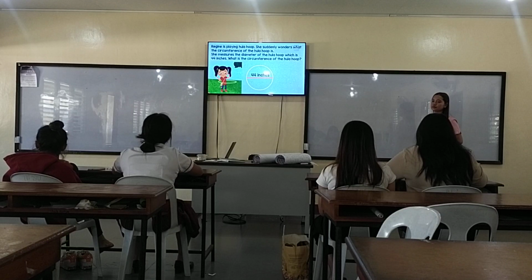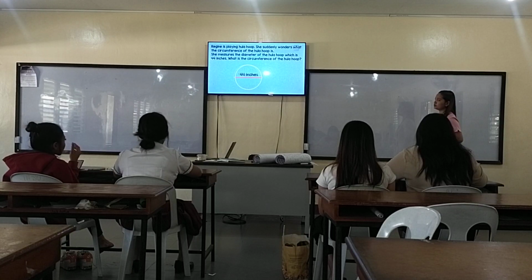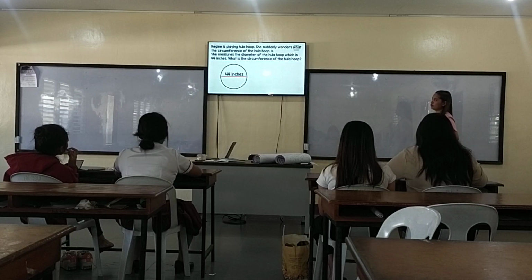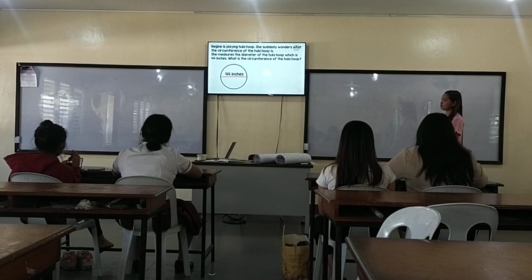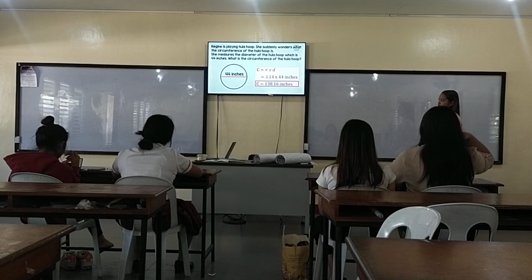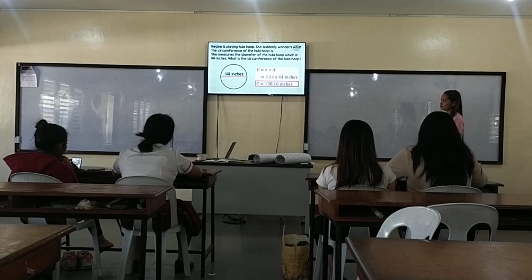It is stated in the problem that the diameter of the hula hoop is 44 inches. Using that diameter, we can now find the circumference of the hula hoop. Therefore, the circumference of the hula hoop is 138.16 inches. Good job, you helped me find the circumference of the hula hoop.